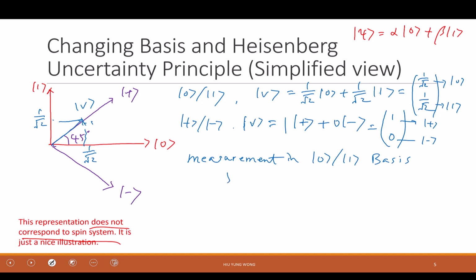I have 50% to get 0 or 1, because the probability for both of them is 1 over square root 2 squared, which is equal to 0.5. Is this okay? So basically, what is the state of this one for me? It's just very uncertain.